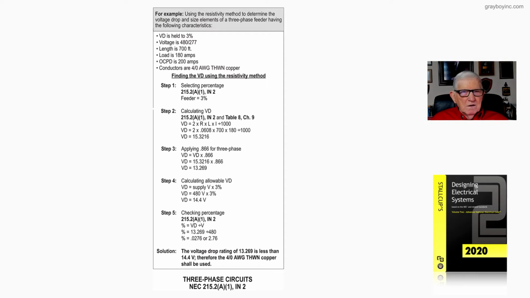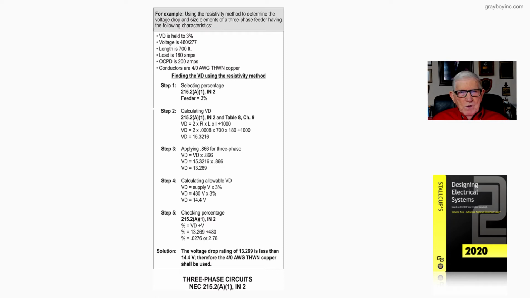So let's take a look now at our step 1. Again, looking at 215.2(A)(1), informational note 2, we hold to 3%. Step 2, we're actually calculating the voltage drop, so we look at 215.2(A)(1), informational note, and Table 8 to Chapter 9, and we insert values into this voltage drop formula, 2 times R times L times I divided by 1,000.